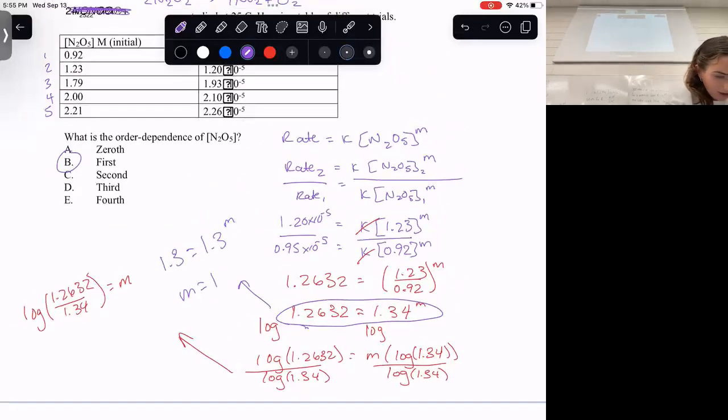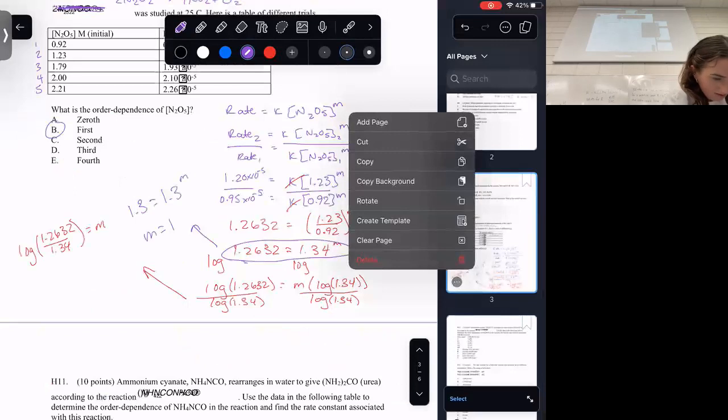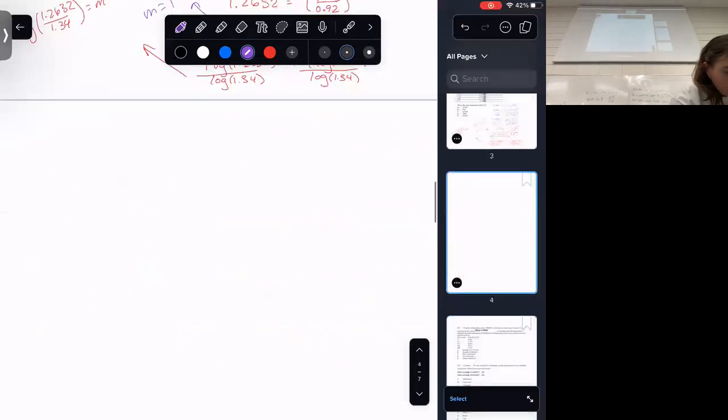Let me just add a page. So one thing you can also look for, right? If you had 0.92 and you had 2.00, this is pretty close to 1. This is pretty close to 2. So when we multiply from here to here, we want to know what the rate does.